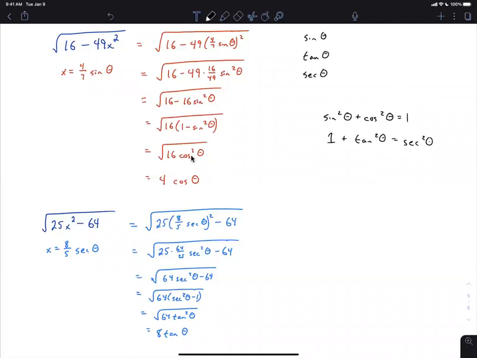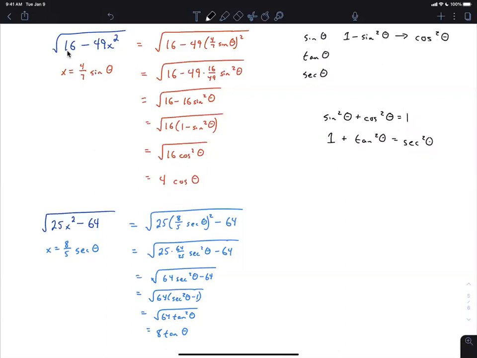So you need to end up with positive cosine squared and positive tangent squared, or in some cases, positive secant squared. Well, the way these work, if these are the three options, so we're going to either be able to pick sine, tangent, or secant, the idea is that 1 minus sine squared becomes positive cosine squared, which is what we just used here. That guarantees a positive trig function.